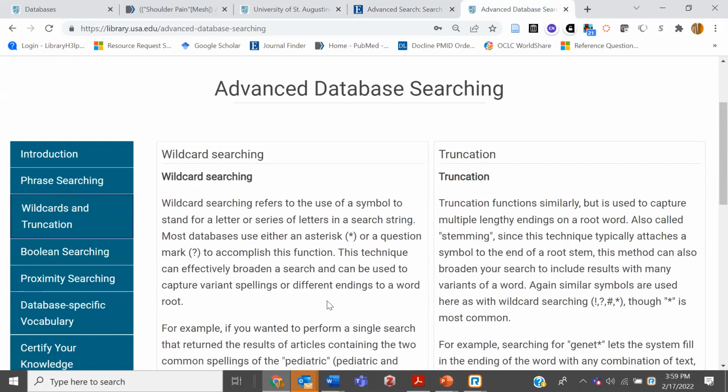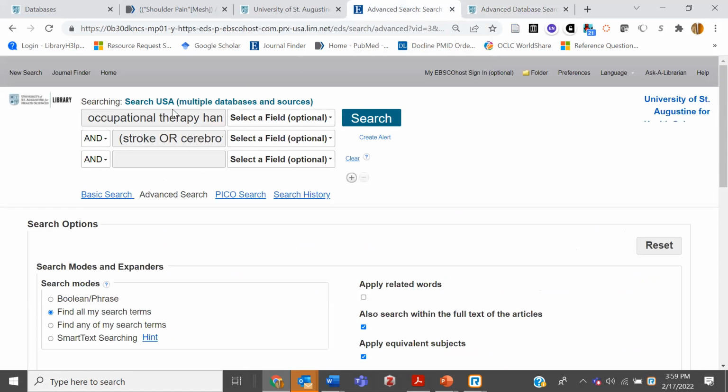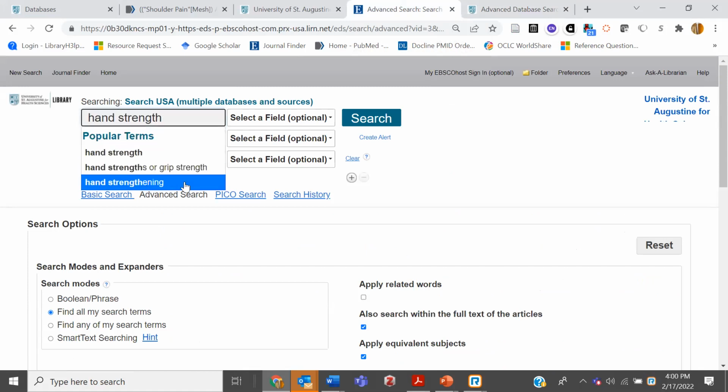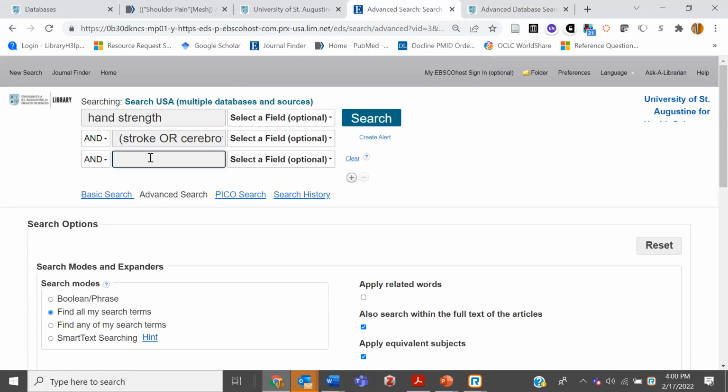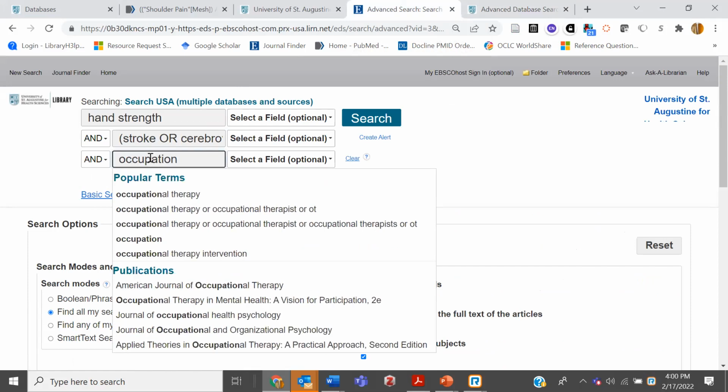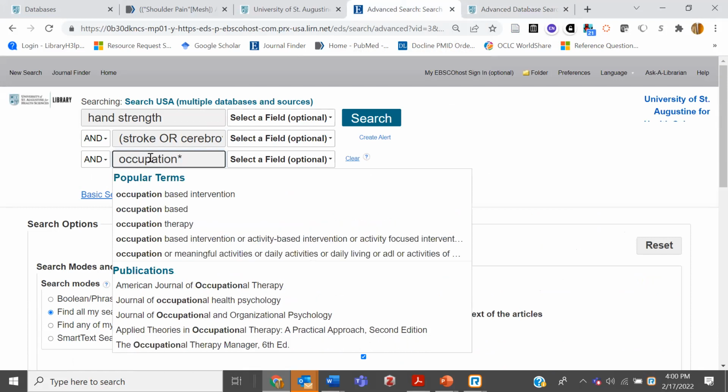The other thing I want to mention, we talked about phrase searching, but there's also an element called wildcard searching, which is a way of sort of hacking off a stem of a particular search term. We're looking at occupational therapy up here, but we might have occupational therapists, we might have occupation-based interventions, and I can capture all of them by just searching for a stem of an element and putting an asterisk on it.